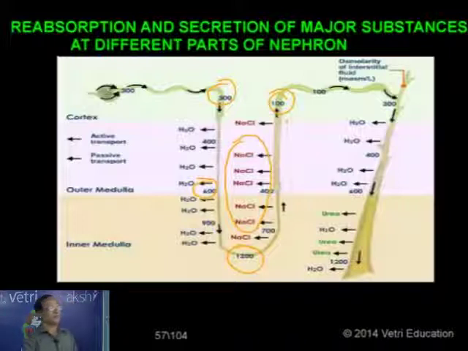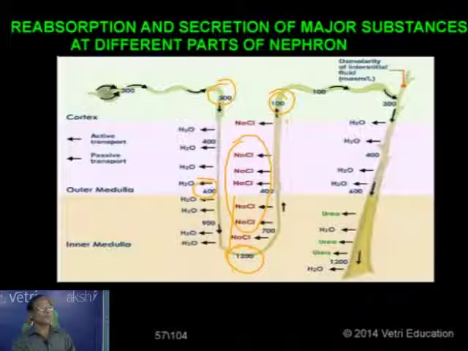As a result, the osmolarity decreases and the solution becomes hypotonic. So the solution here is hypertonic because of the increased osmolarity of 1200, and it becomes hypotonic as the osmolarity decreases from 1200 to about 100.